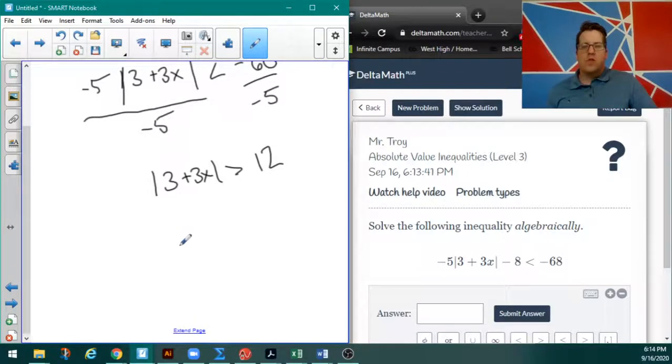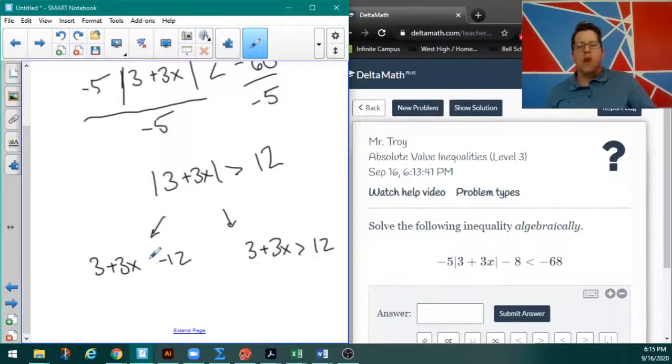Okay, if I want to just do this longhand, I would split it up once with -12 and once with +12. The one with +12 is going to keep its same sign. The one with -12 is going to have its sign flip because I'm multiplying by -1.